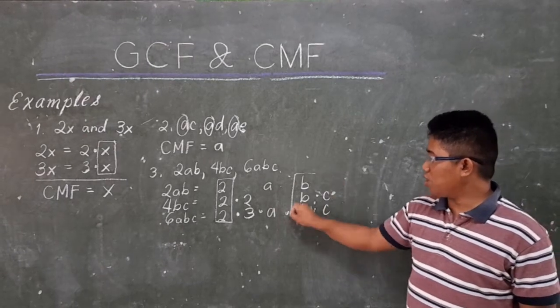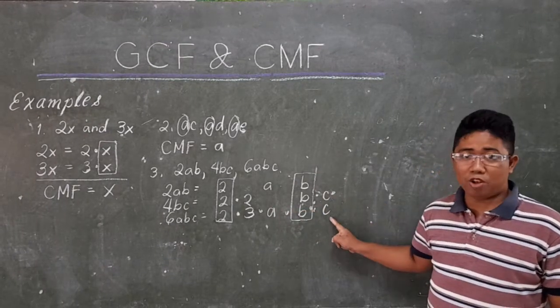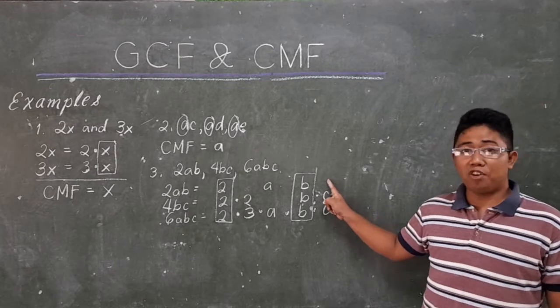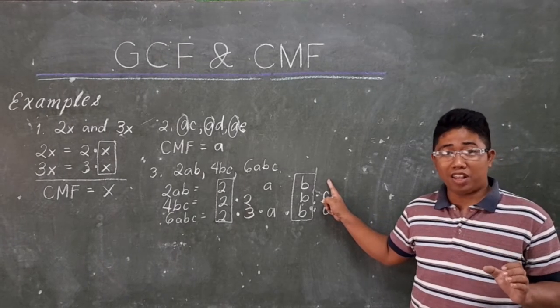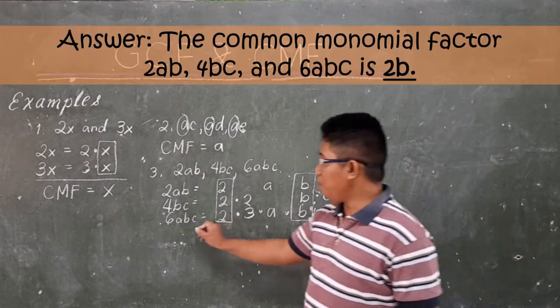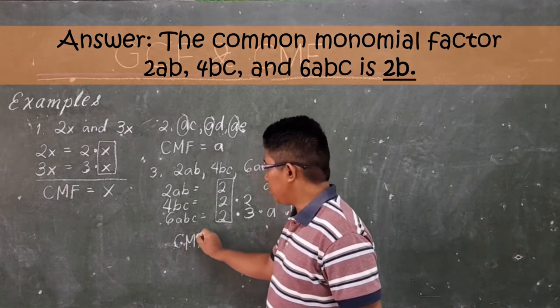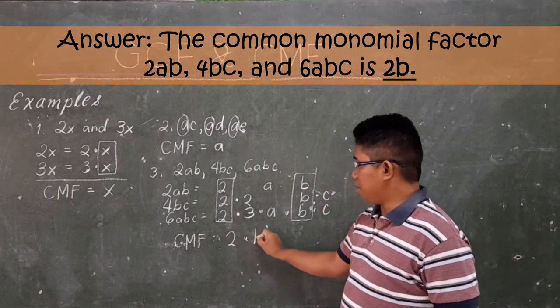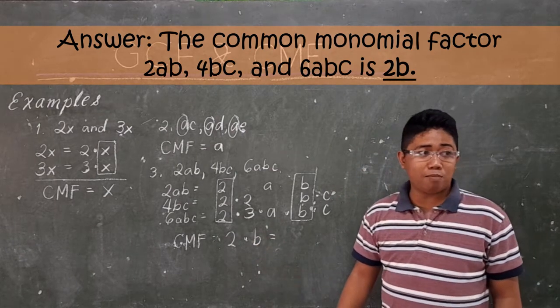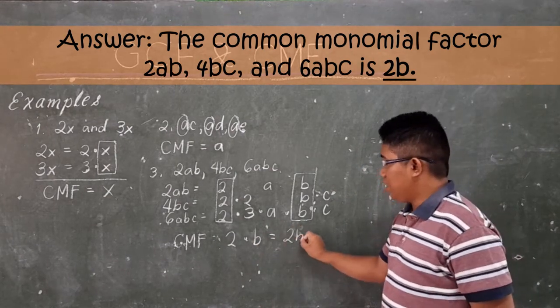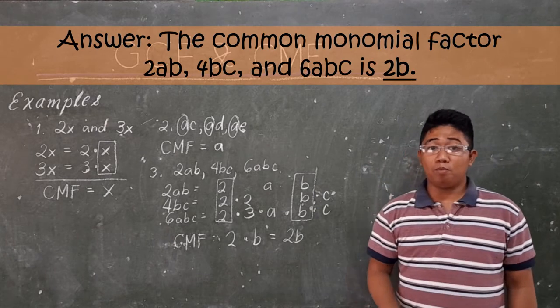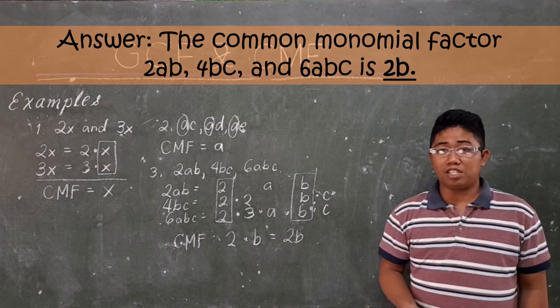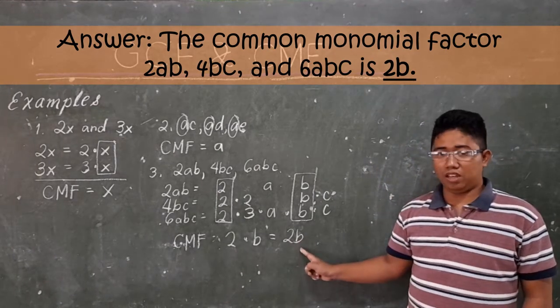Only B is common, and C is not, because the first monomial has no C. Thus, our common monomial factor, which is in the box, is 2 and B. Expressed as a product, it becomes 2B. Thus, the common monomial factor of these three monomials is 2B.